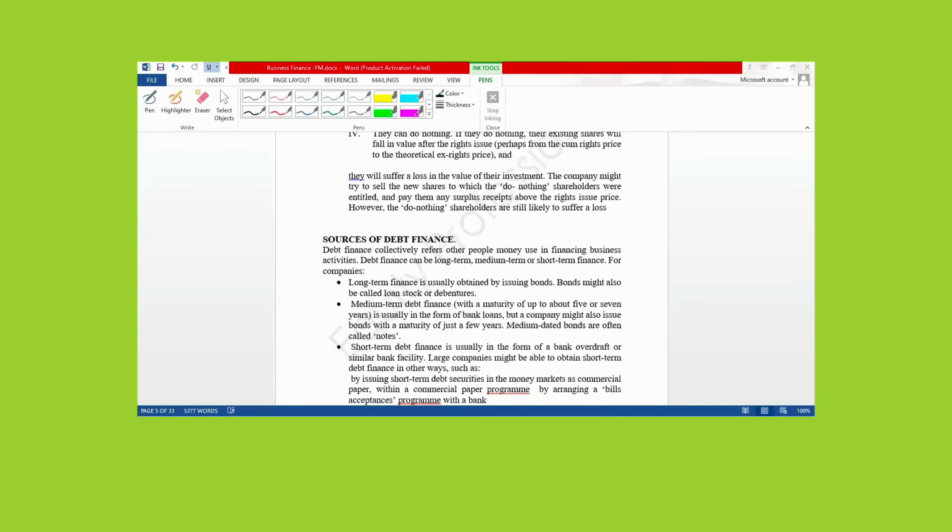And I explained this here. A bond is a debt instrument that is tradable, a marketable debt instrument.